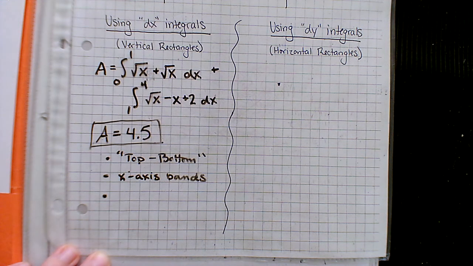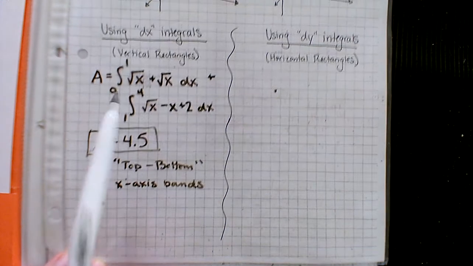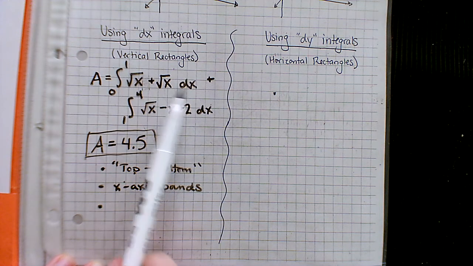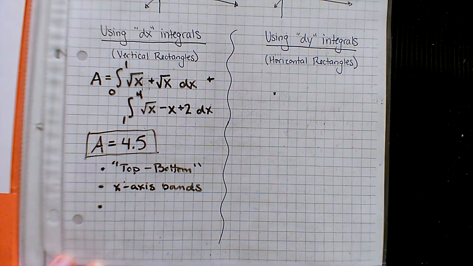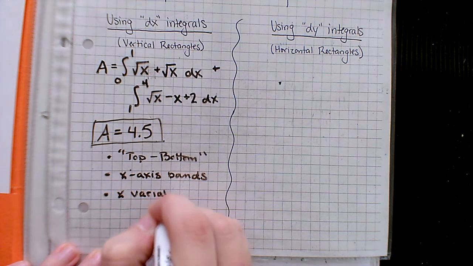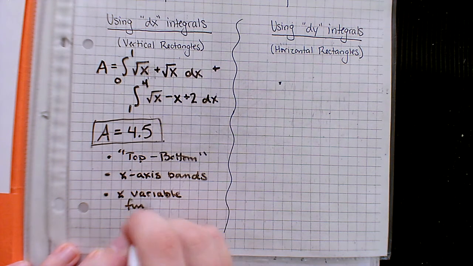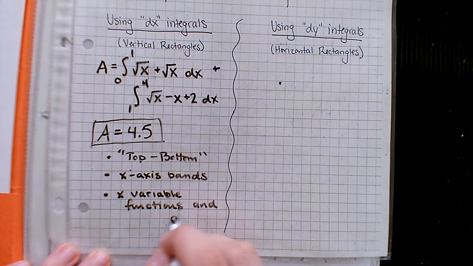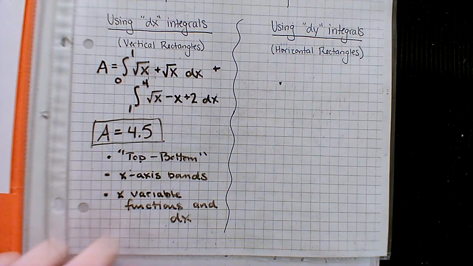And if we're measuring area to the x-axis, notice how when we write the integrals, we have x variables inside that integral for our functions. So we have x variable functions. And we have a dx on the end.